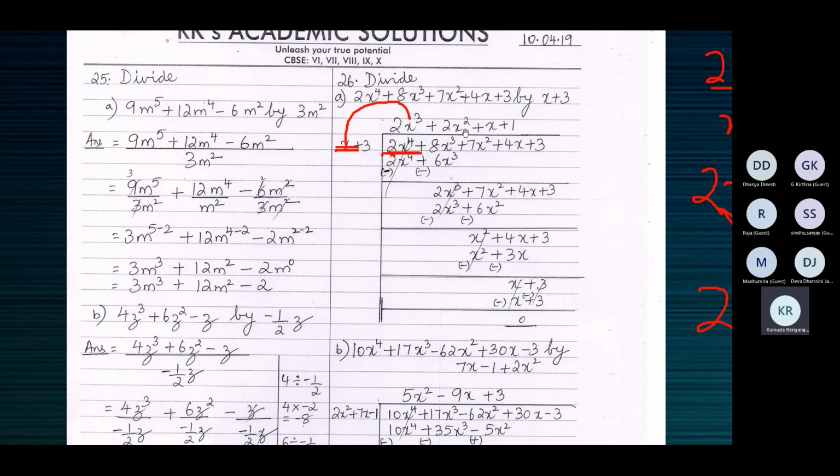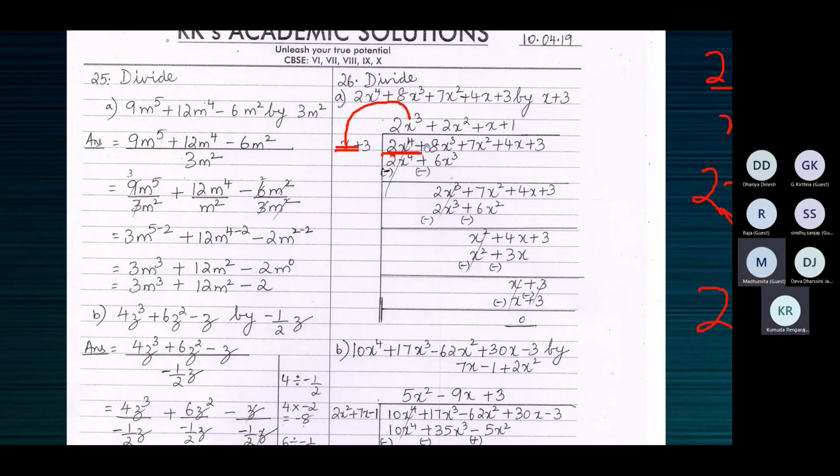You must not jumble up the terms. Supposing they are jumbled up, you must arrange them correctly. Only then the division will work. Here the highest power is 4, so the x to the power 4 term first, followed by the x cube term, then the x square term, then the x term, and then the constant.